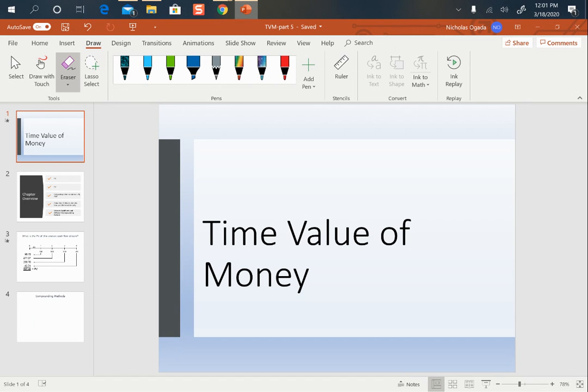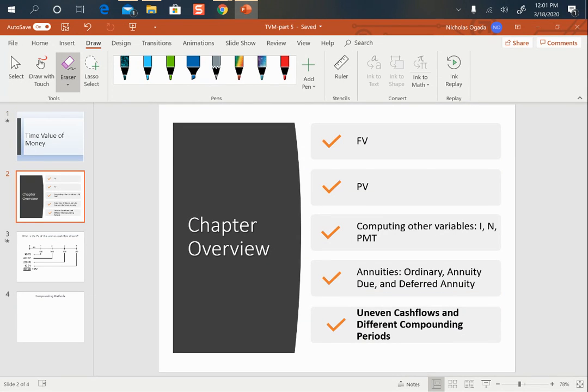And in this presentation, I want to finalize our discussion on uneven cash flows and take time to also look at different compounding periods. Because so far, if you remember, our focus has been where the compounding has been on a yearly basis.